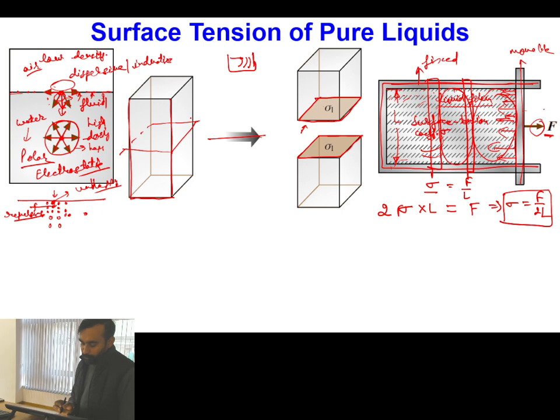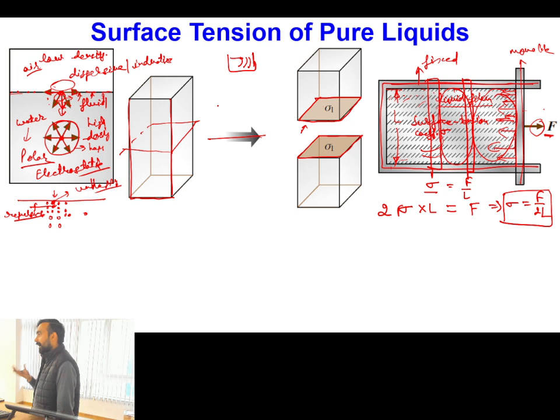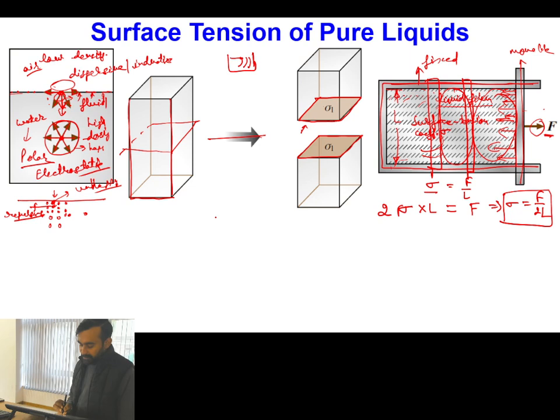So in order to break this liquid column into two parts, what do I have to do? I have to invest a certain amount of energy. So the energy invested in breaking this liquid column has to be equal to the final energy state of this liquid column. So what will be its final energy state?